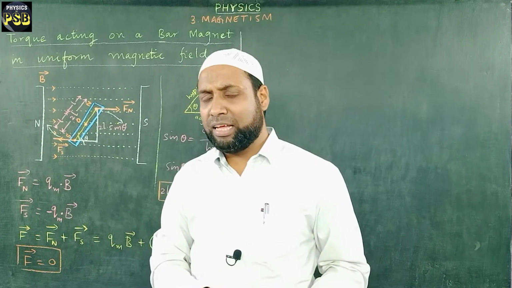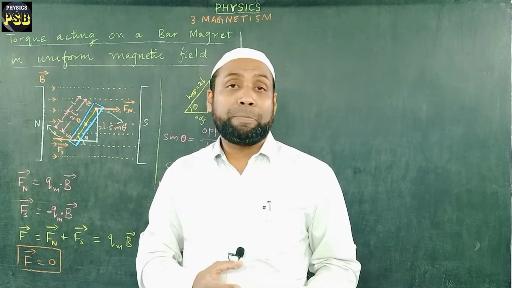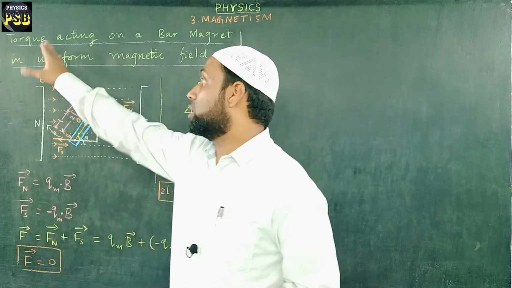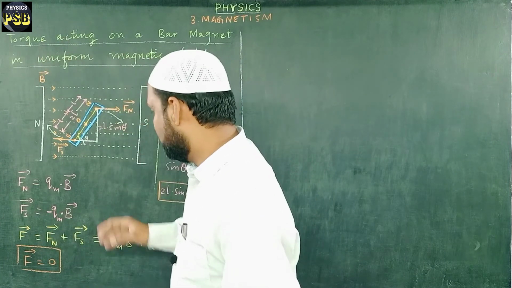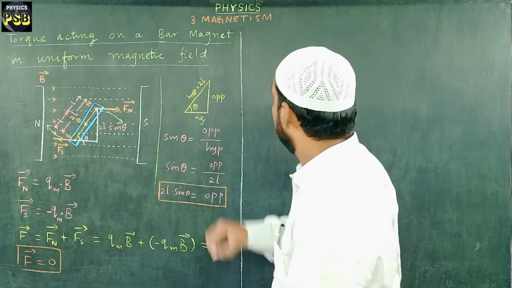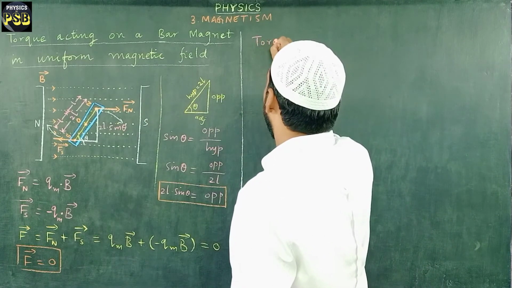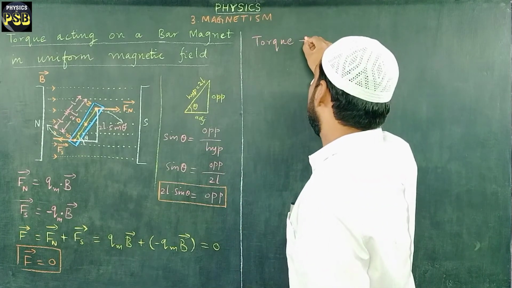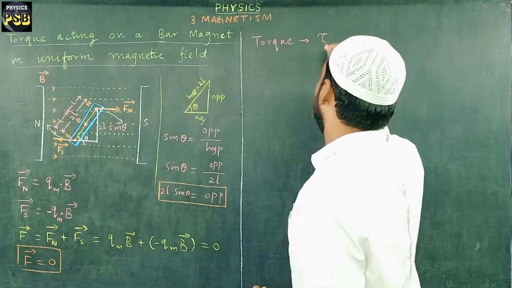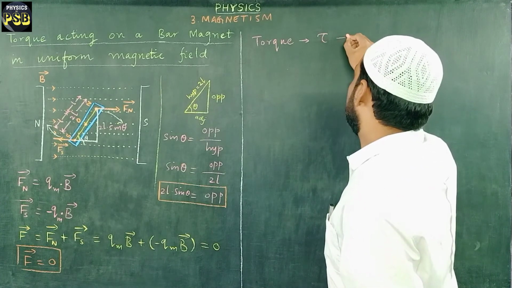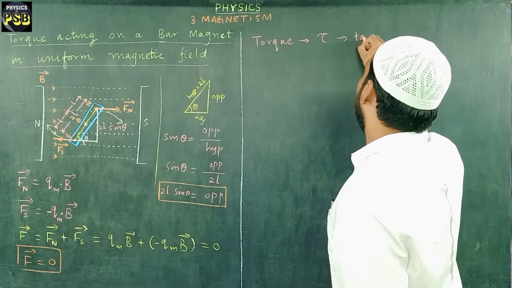Torque means the measurement of rotation. The measure of rotation is referred to as torque. I hope you have understood. And here, torque, which is the measure of rotation, is represented by the letter tau. It is pronounced as tau.